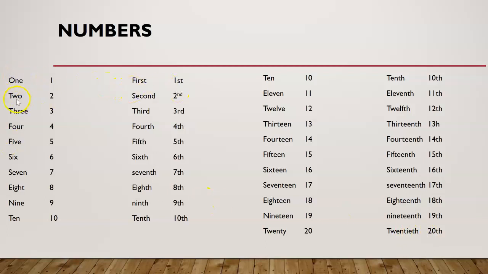Now there we go. 1, first, 2, second, 3, third, 4, fourth, 5, not 5th, but fifth, 6, sixth, 7, seventh, 8, eighth, 9, ninth, 10, tenth, 11, 11th, 12, 12th, exception, 13, 13th, 14, 14th, 15, 15th, 16, 16th, 17, 17th, 18, 18th, 19, 19th, and 20 becomes 20th. 20 changes to 20th.